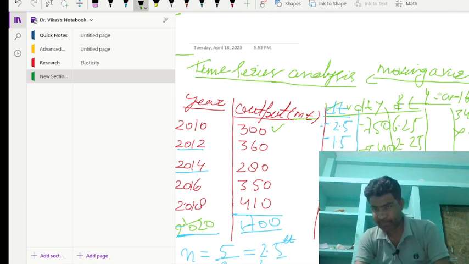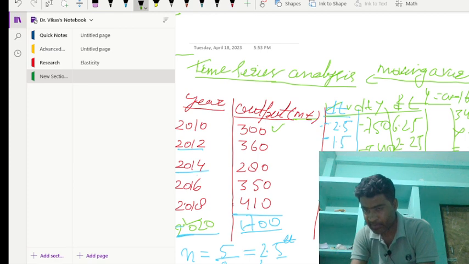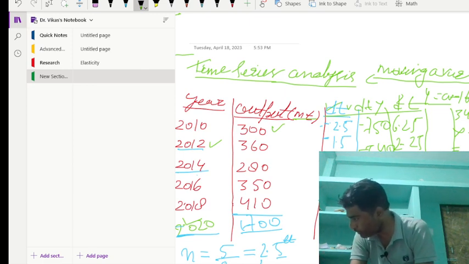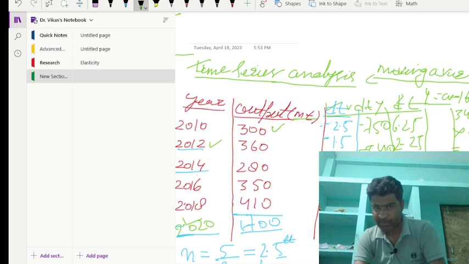Similarly, by putting all these values in this trend formula, for the first year we will get the trend output 442.2. For the second year observation we will get the trend output 445.32. So the trend output for the year 2010 is 442.2 metric ton, and the actual output is 300.